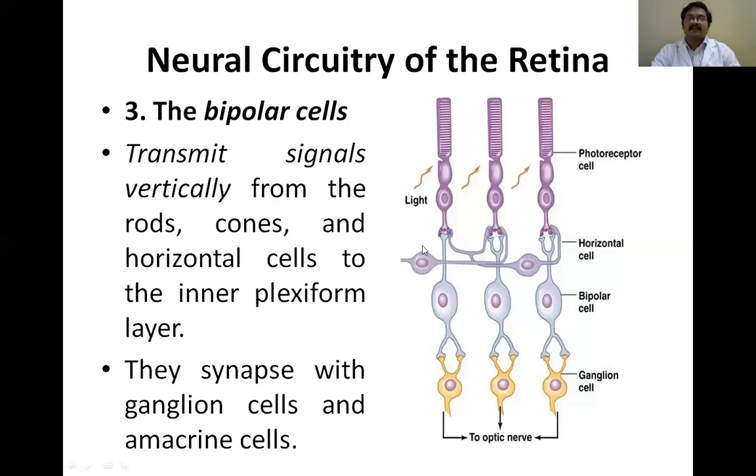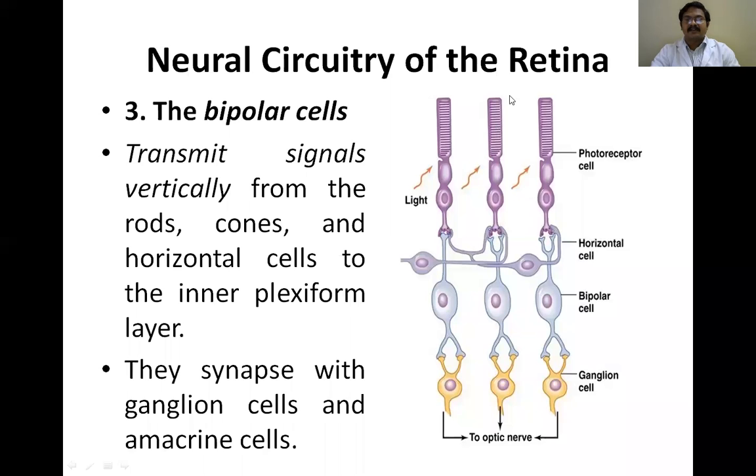The next cells are the bipolar cells. They transmit signals horizontally, and they synapse with the bipolar cells in the vertical manner. The bipolar cells transmit the signals vertically from the rods and cones.